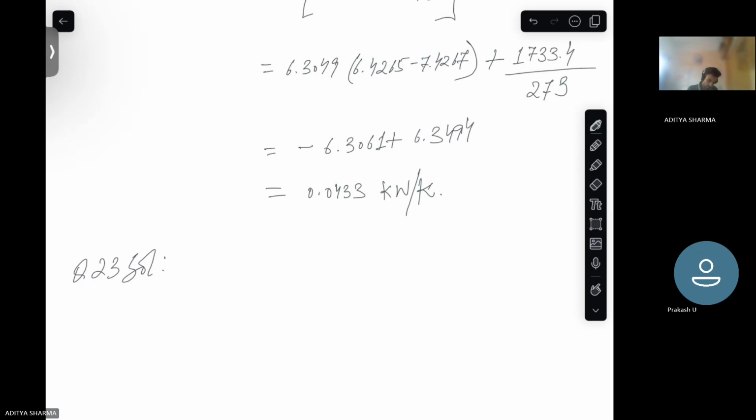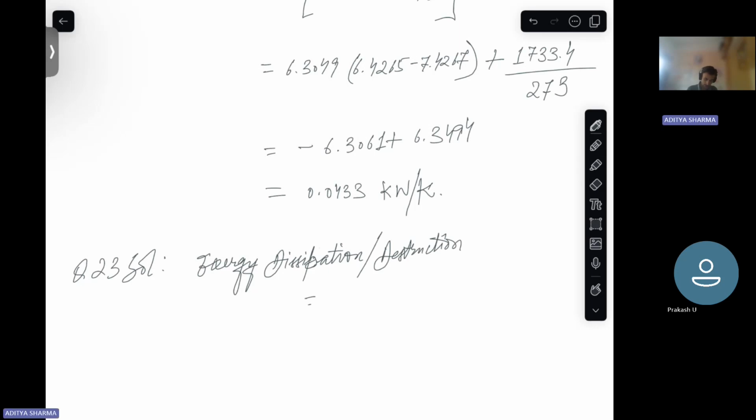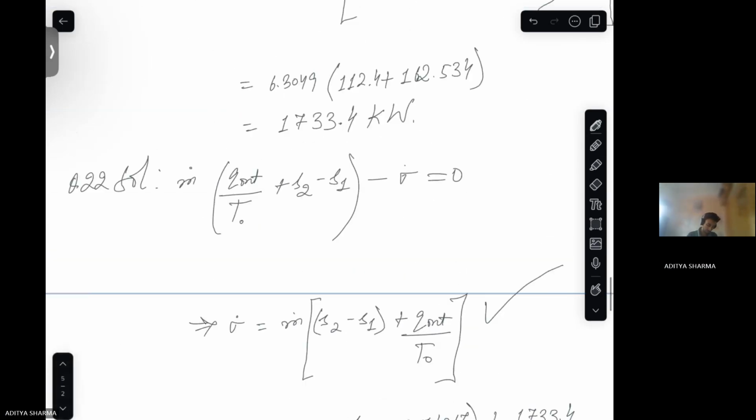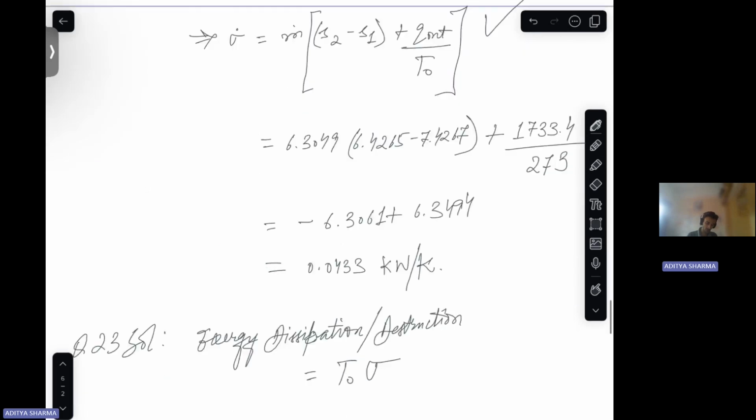So when we have to solve for exergy dissipation or destruction, it will be just multiplied with the entropy production term, right?